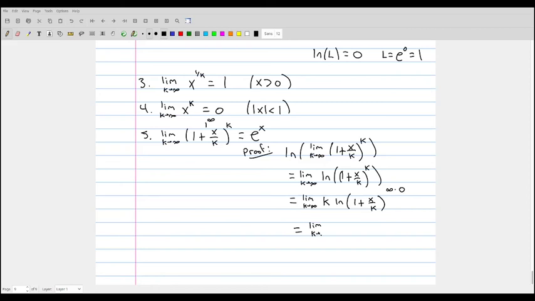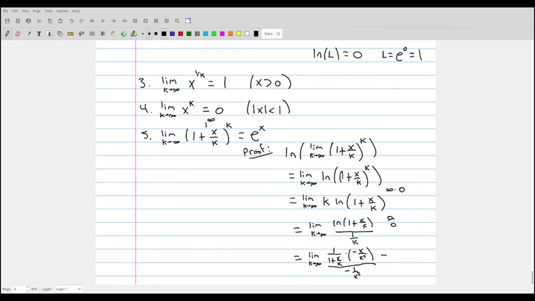Or if we rewrite this a little bit, it's an indeterminate form of the form natural log of 1 plus x over k, over 1 over k, which is in fact equal to, from L'Hopital's rule, because this is now a 0 over 0 indeterminate form, the limit as k goes to infinity of the derivative of the numerator with respect to k, which is 1 over 1 plus x over k, times negative x over k squared, divided by negative 1 over k squared.